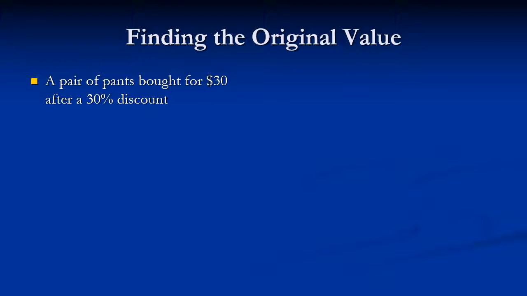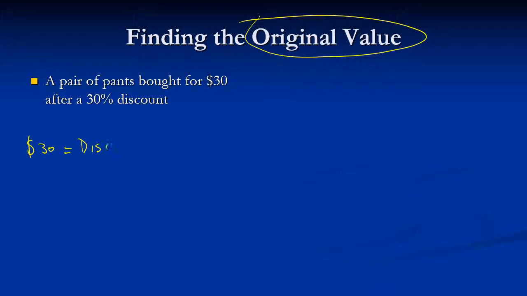Now, if we want to find the original value, what we need to do is to consider that we do not know what the original value is, and that might seem obvious, but let's have a look at this example. So we've got a pair of pants bought for $30. So that $30 actually equals the discounted price. So we don't know what 100% of the price is, but we do know what 30% of the 100% price is.